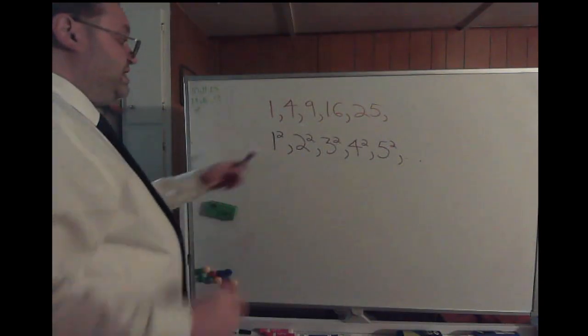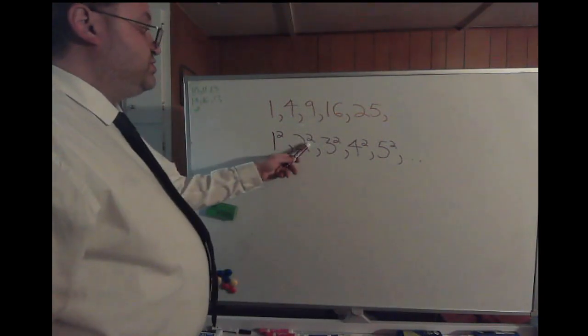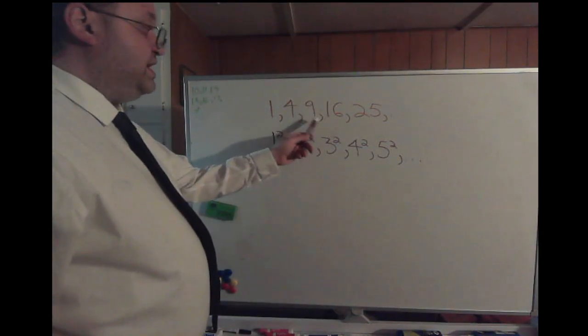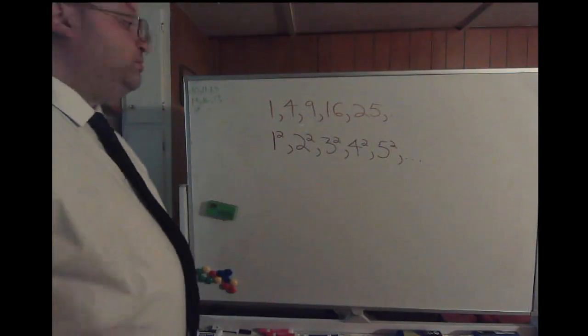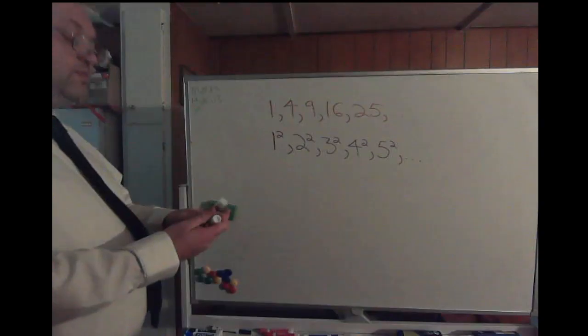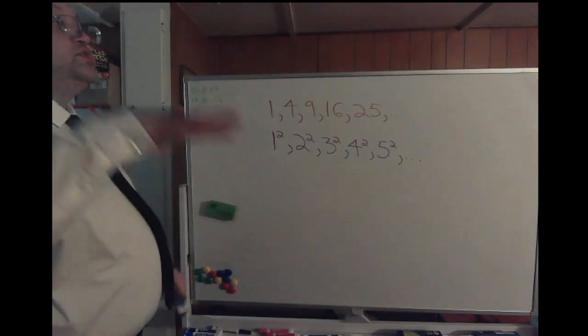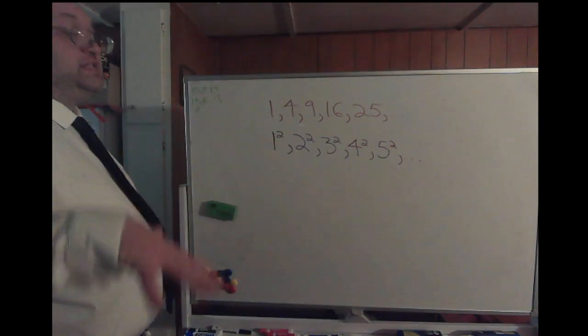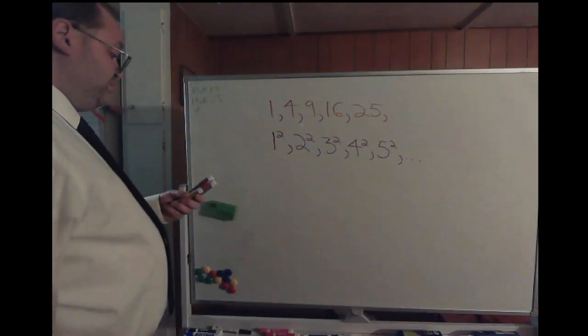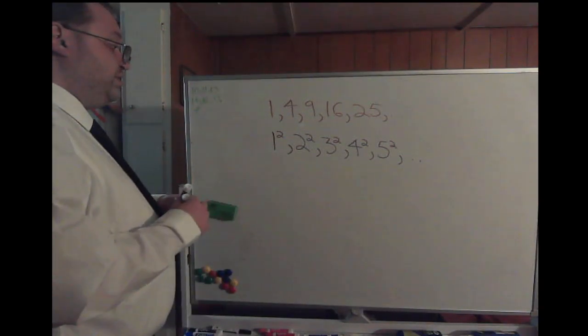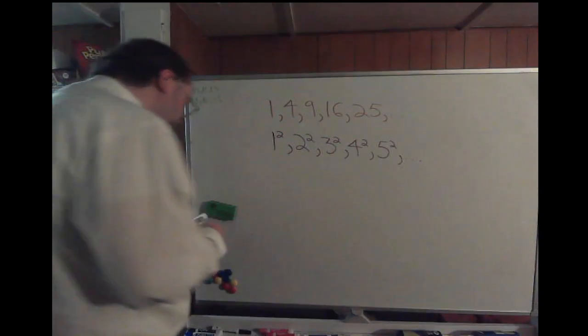We notice that because 1 squared is 1, 2 squared is 4, 3 squared is 9, 4 squared is 16, 5 squared is 25. So it is also very helpful to know your exponents. It's very good to know your basic exponents. Now we want to find the next 3 terms of the sequence.